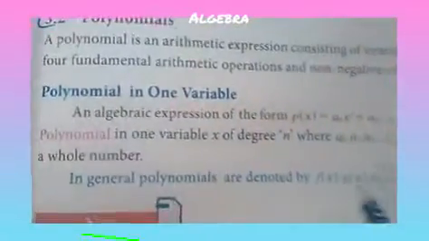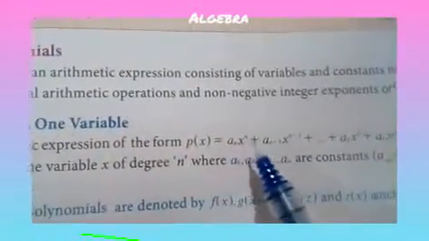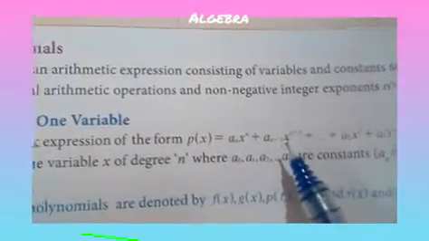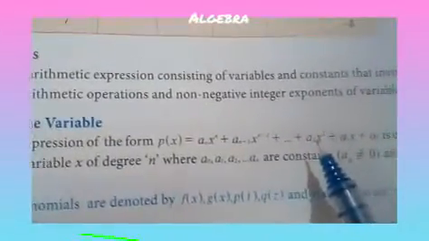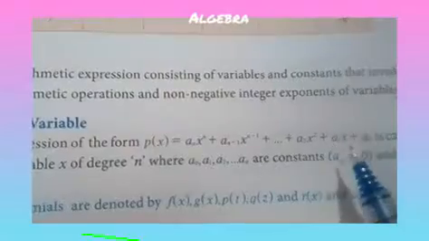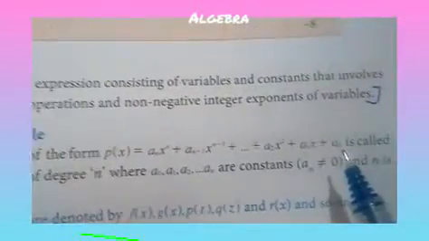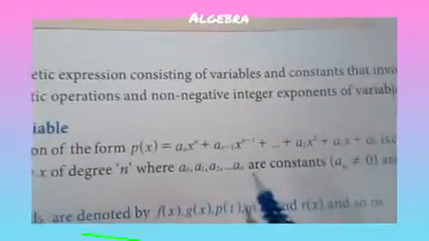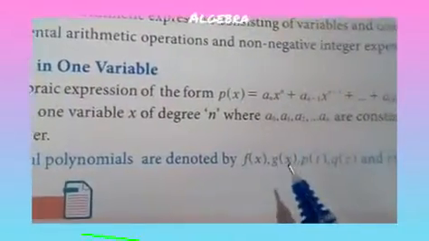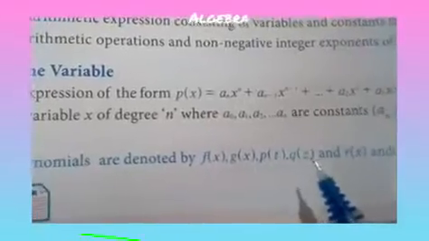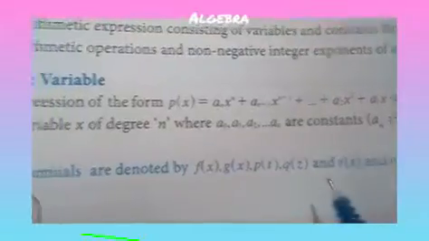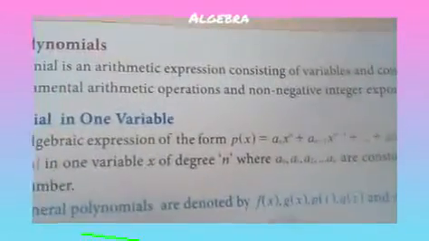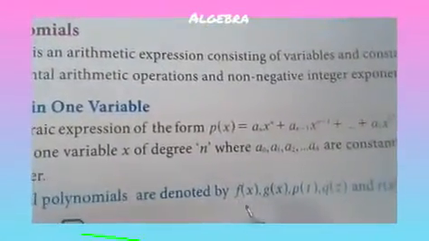The general form of the polynomial is p of x equals an into x power n plus an minus 1 into x power n minus 1 plus etc. plus a2 x square plus a1 x plus a0. This is the general form of the polynomial. Generally, we denote polynomials as f of x, g of x, p of t, q of t and r of x, and so on. We have to use these small letters for polynomials.